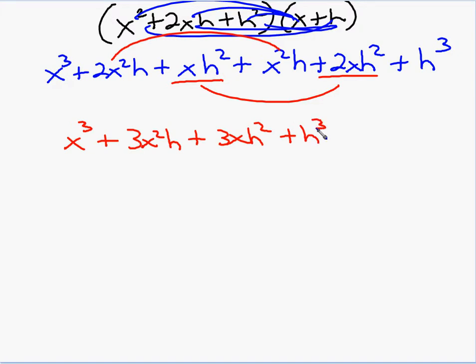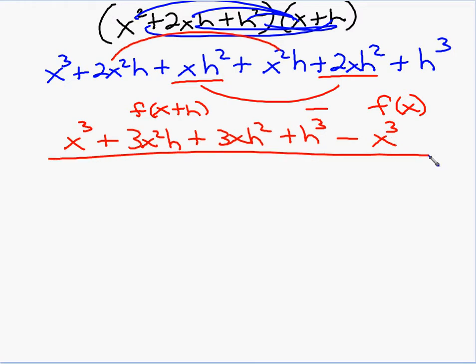Now we come back to our definition of derivative. We have found f of x plus h. But remember, I need to subtract the function, so I put minus x cubed, because my function was x cubed. That whole mess is over h, and I'm taking the limit as h approaches 0.